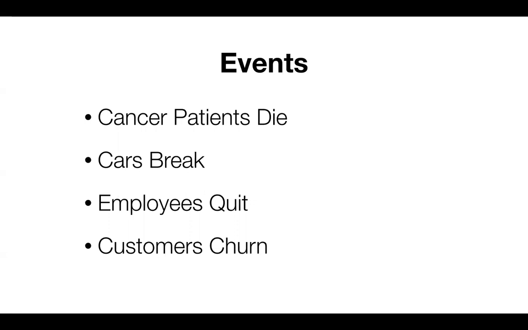It's the time for that event to happen. The event I'm talking about here, in this kind of subscription business, tends to be customer churn, but it can be other events. If you are at a hospital, you're interested in whether your patients die or not. Let's say you're testing if a medicine works.